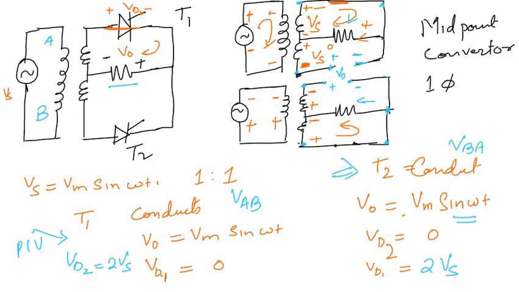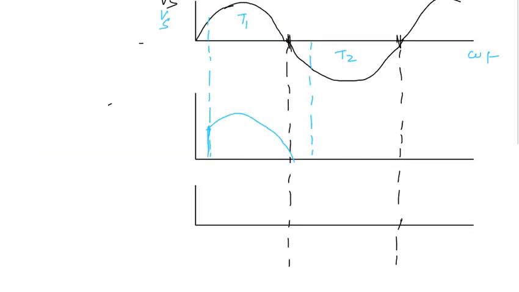So this is the portion. When you draw the negative side also, it will have the same V naught. We are drawing V naught here, and the axis is omega t. So you will be getting the waveform like this, right?